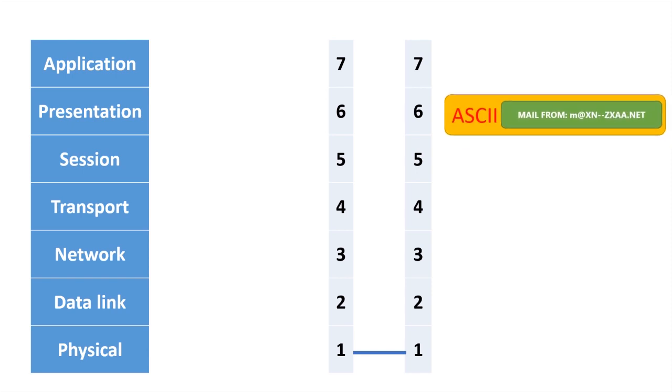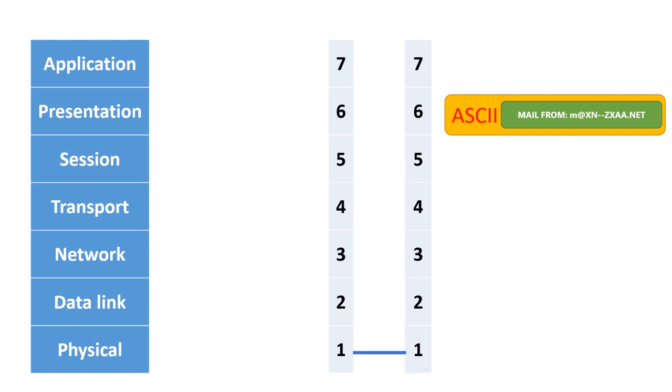Layer 6, the presentation layer, will see that whatever we have received here is represented in ASCII, so it's a normal Latin alphabet. There won't be any Japanese characters or anything strange in there. Of course, if the Japanese build computer systems, they can encode everything in Japanese. It's just the convention that you use.